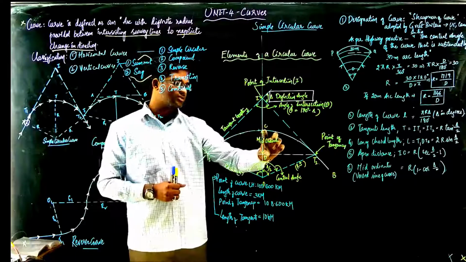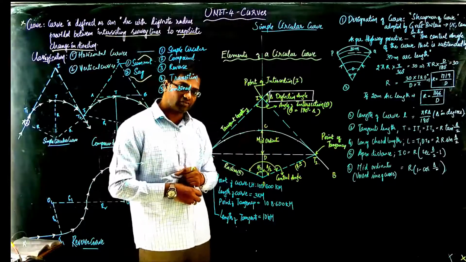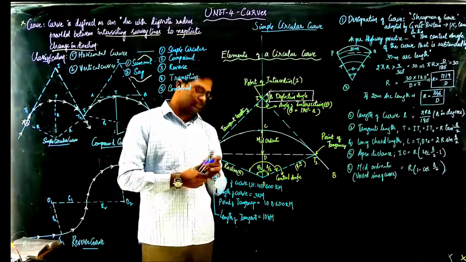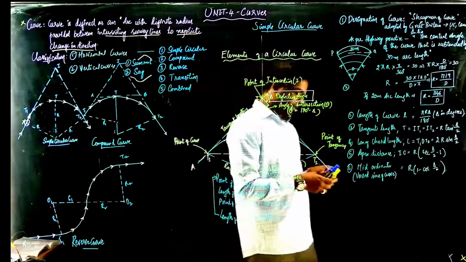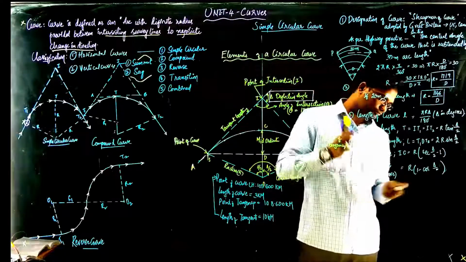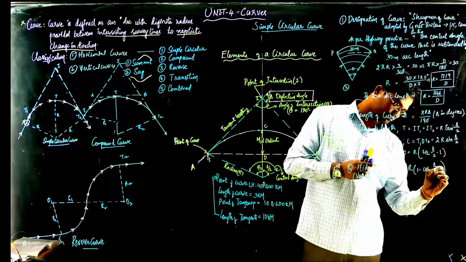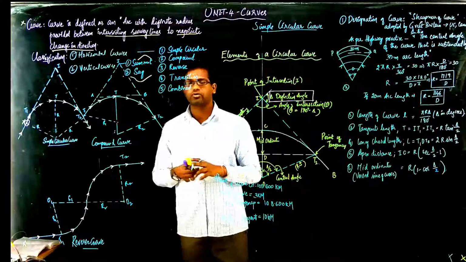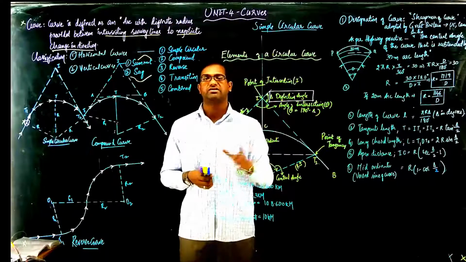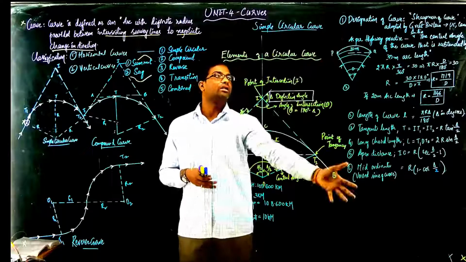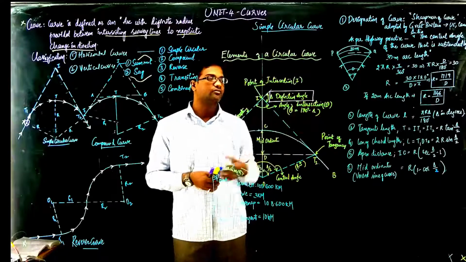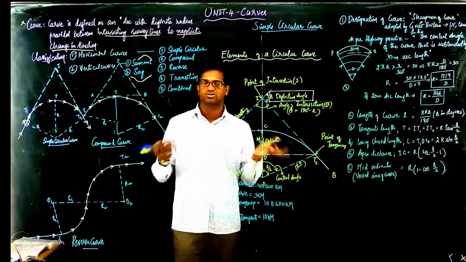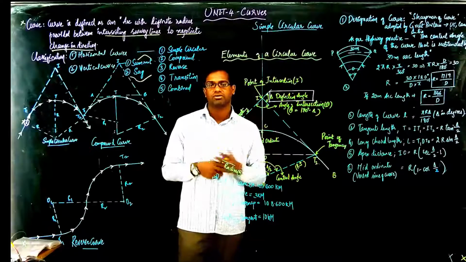And mid ordinate, also called versine of curve, is given by R into 1 minus cos delta by 2. Now we will do one problem. We will be given certain data and you need to calculate the length of curve, tangent length, long chord length, apex distance and mid ordinate. There is no other option; you need to remember all these formulas.